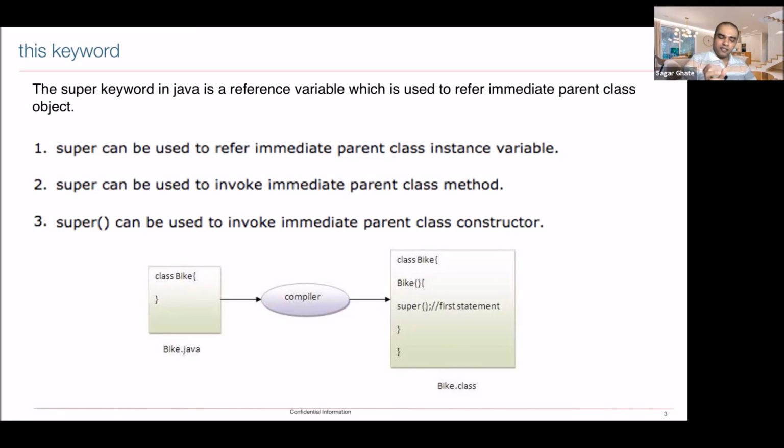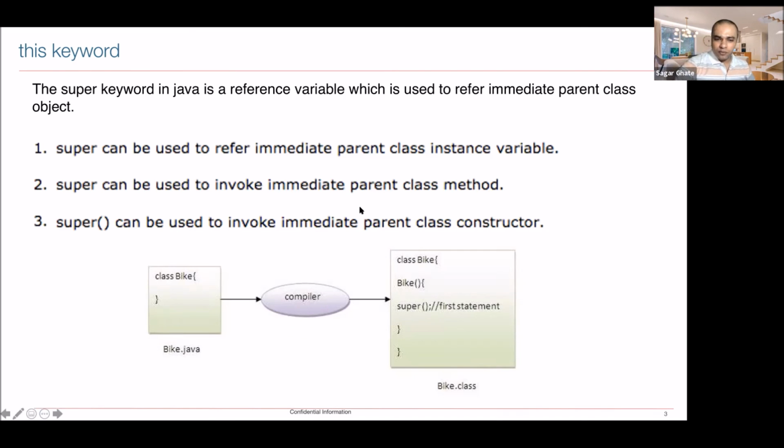But the main difference is this refers to your current object and super refers to your parent object. Super can be used to refer to the immediate parent class object. When you have multi-level inheritance, say suppose animal is there, dog is there, and puppy is there. If you are in the puppy class, when you do super, it will always refer to dog, not animal.